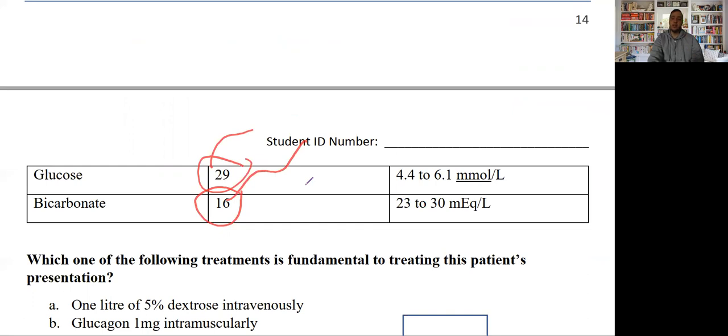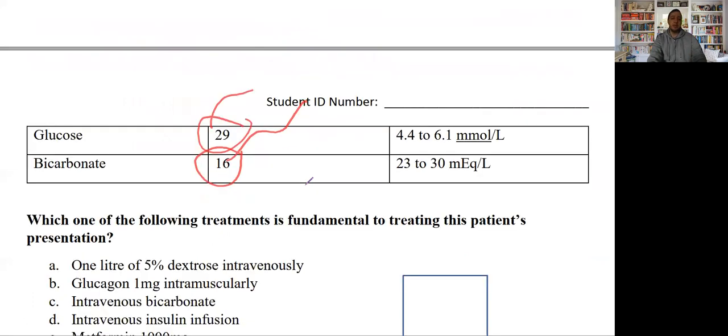The differential of a hyperglycemic state in a diabetes mellitus patient is either DKA, diabetic ketoacidosis, or HHS, hyperglycemic hyperosmolar state. Usually DKA is the most common hyperglycemic state seen in diabetes mellitus type 1, and HHS is the most common seen in diabetes mellitus type 2.